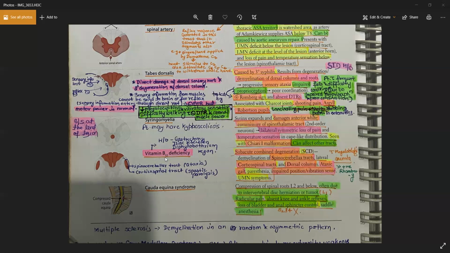What other disease can cause subacute combined degeneration like symptoms? Friedreich's ataxia, yes. Okay, so remember the three diseases: vitamin B12 deficiency, vitamin E deficiency, and Friedreich's ataxia. These three will cause symptoms just like my subacute combined degeneration.